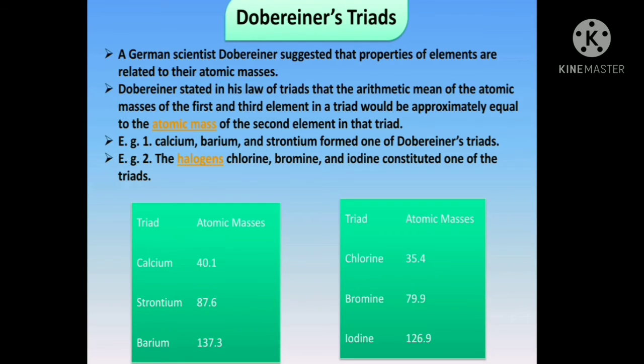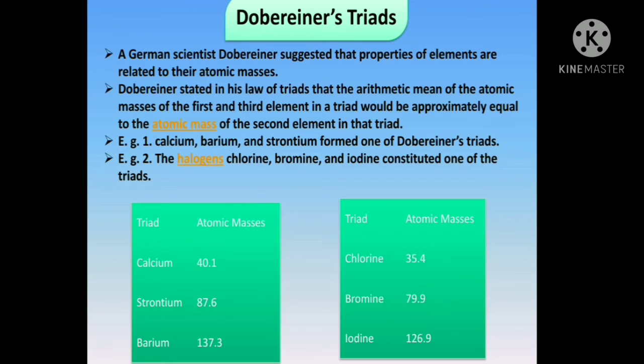If we calculate the average, that is 35.4 plus 126.9 divided by 2, I get the answer as 79.9, which is the atomic mass of bromine. So Dobereiner stated that the properties of elements are related to their atomic masses.